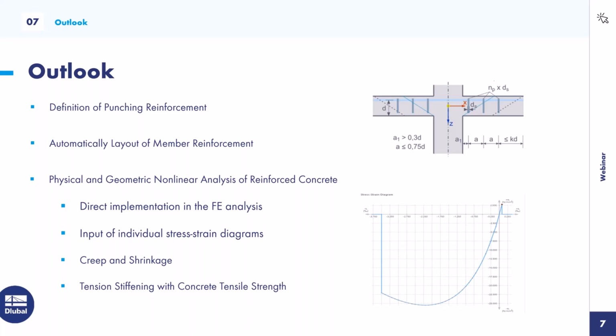Further, it will be possible to define individual stress-strain diagrams for the concrete or the reinforcement. So it is not only fixed stress-strain diagrams according to some standards. We can really work here with individual stress-strain diagrams. The time-dependent material properties like creep and shrinkage will be available by two methods.